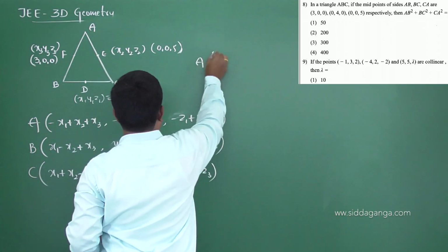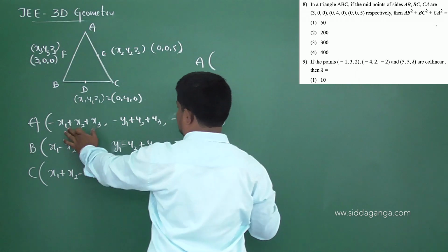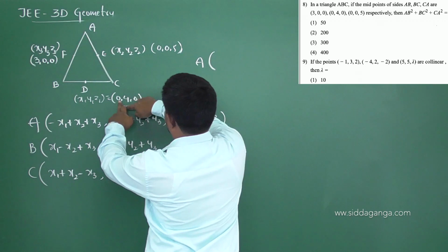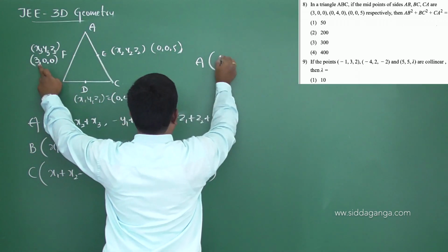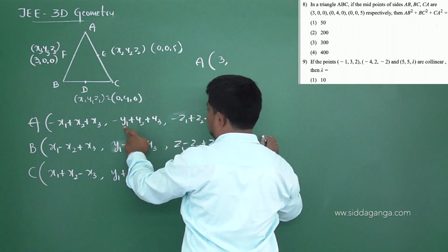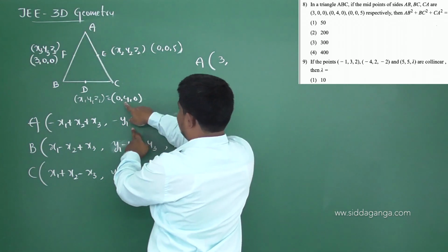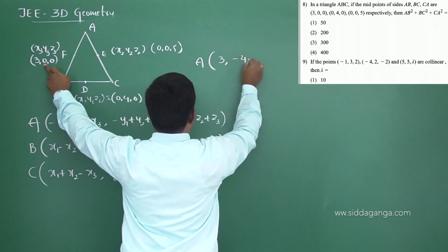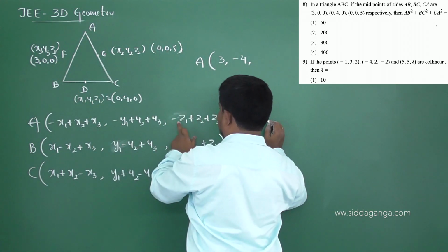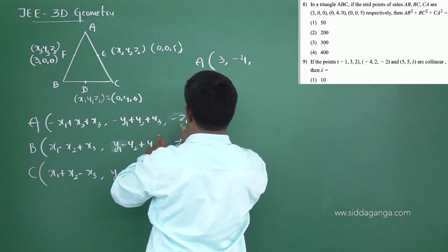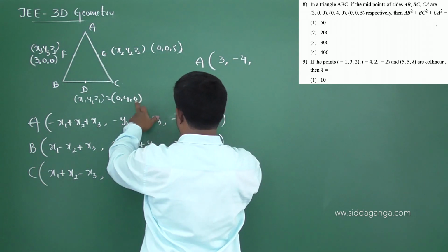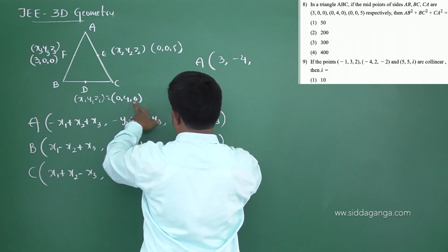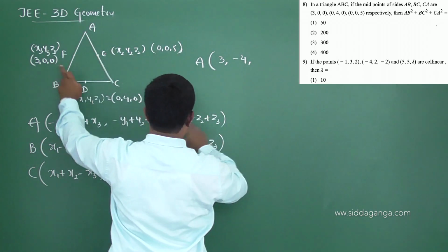So the coordinates of A become minus x1 plus x2 plus x3, minus x1 is minus 0 plus 0 plus 3, so you get 3. Y coordinate is minus y1 plus y2 plus y3, minus 4 plus 0 plus 0, that is minus 4, and minus z1 plus z2 plus z3, minus z1 is 0 plus 5 plus 0.